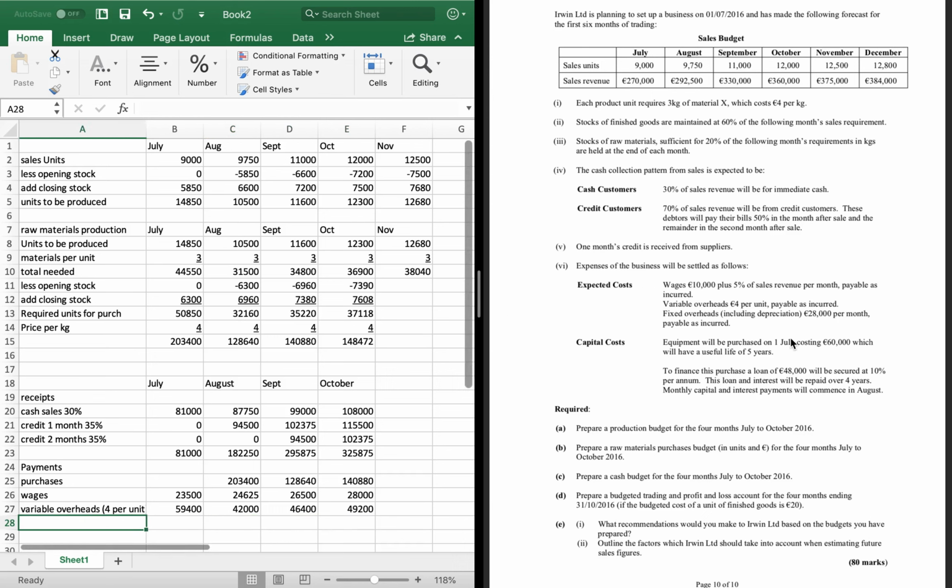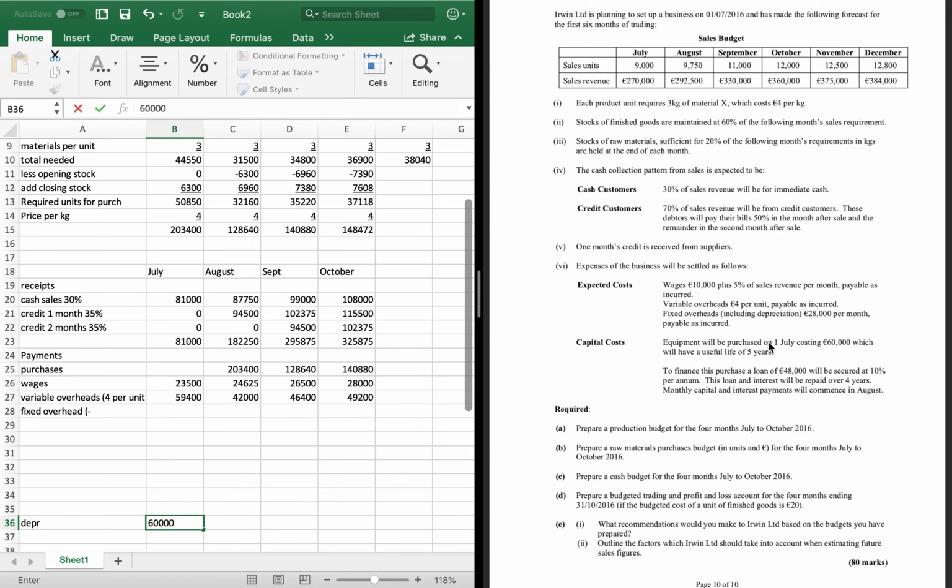Fixed overhead including depreciation 28,000 a month. So that's going to be 28,000 minus whatever the depreciation is. So equipment purchased on the 1st of July has a useful life of 5 years. So just the depreciation. So the equipment is 60,000.